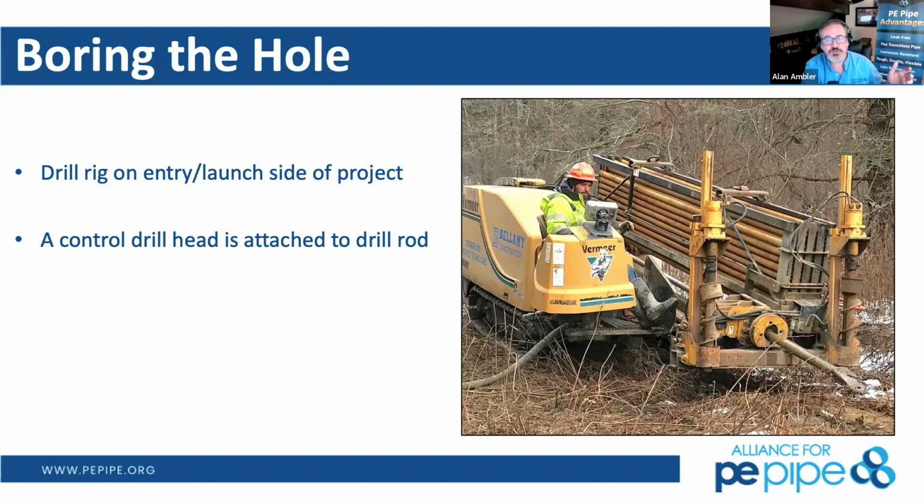Then we continue to ream once we reach the other side of that hole. Now, a reamer itself is going to just enlarge that opening. They may do it in one swath, or they may do it in a couple of passes. We're typically going to try to make it 50% larger than that HDPE pipe.